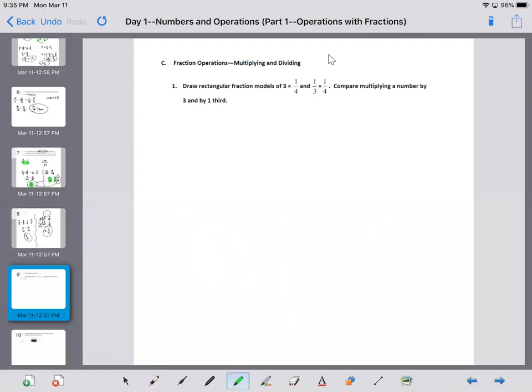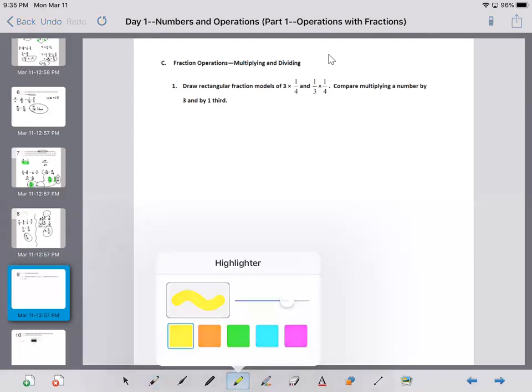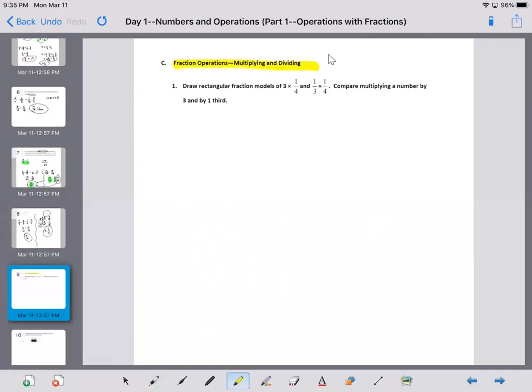So now let's look at multiplying and dividing fractions. So we can think about a rectangular model to represent this.